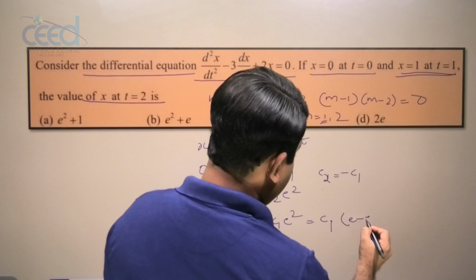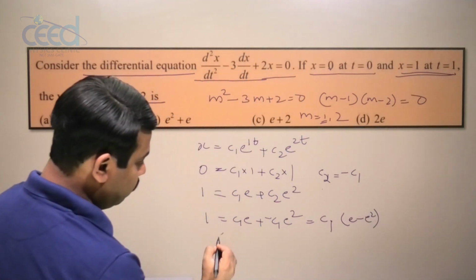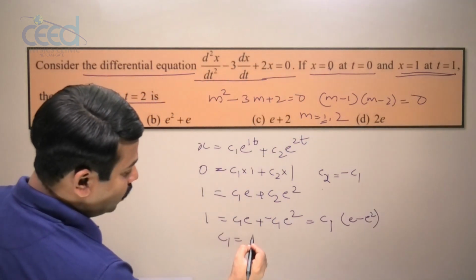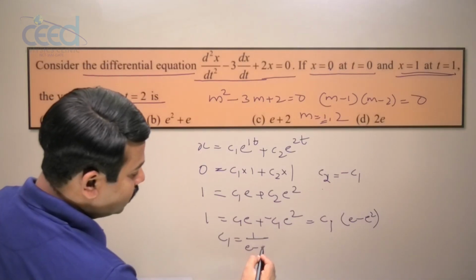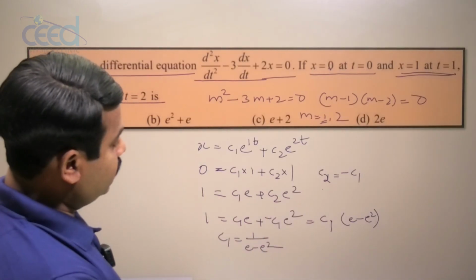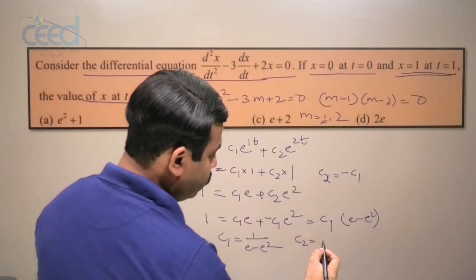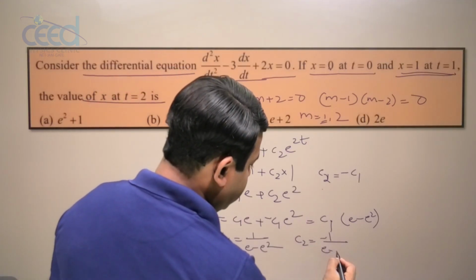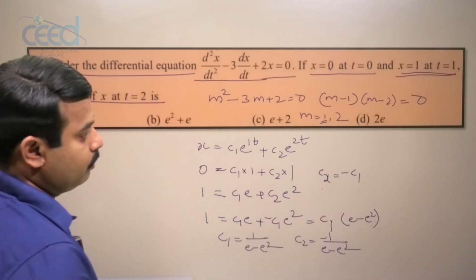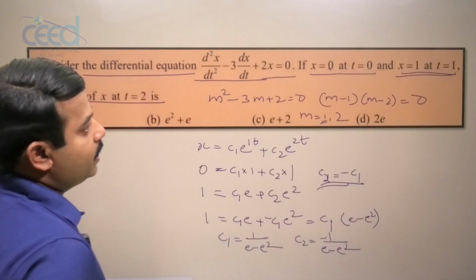Then c1 is equal to 1 by (e minus e square), right. Then c2 is minus of this, c2 is equal to minus 1 by (e minus e square), because c2 is equal to minus c1.